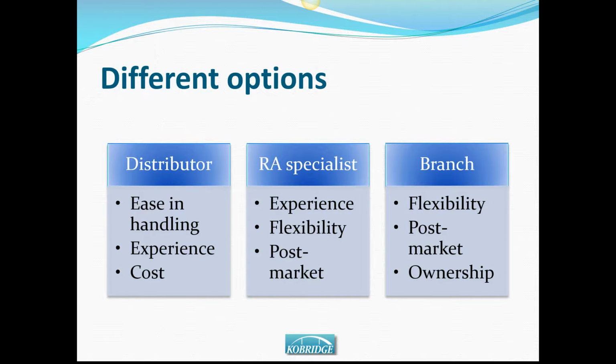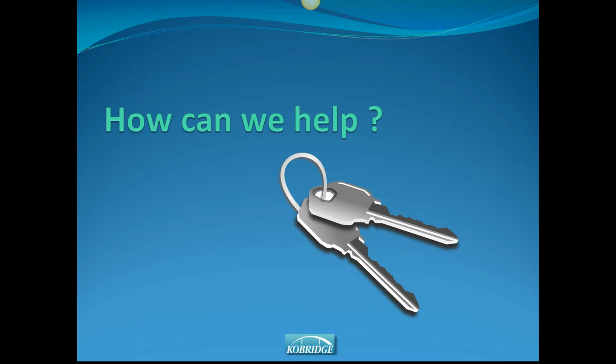So the choice between all three of them really depends on the strategy of the company. So it should be, of course, taken care of carefully, but there's a decision to be taken here.